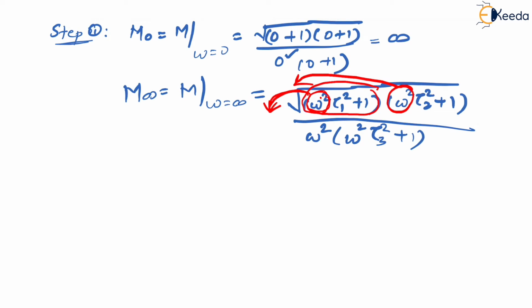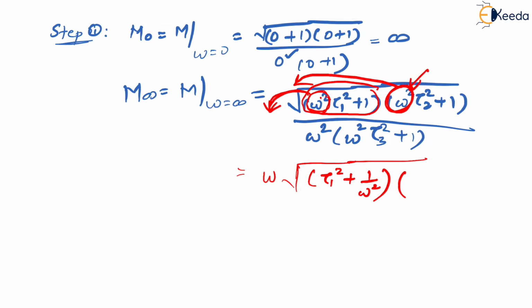If I just consider the first term, what do I get? I am going to get omega into under root of tau 1 squared plus 1 by omega squared, right? Again multiplied by, if you take this one out, you get one more omega, so this becomes omega squared into tau 2 squared plus 1 by omega squared.